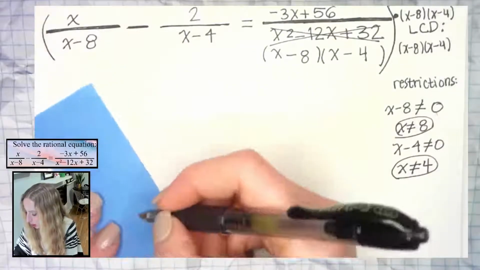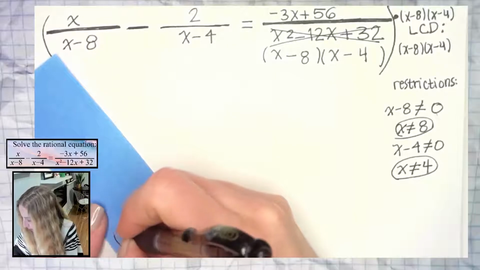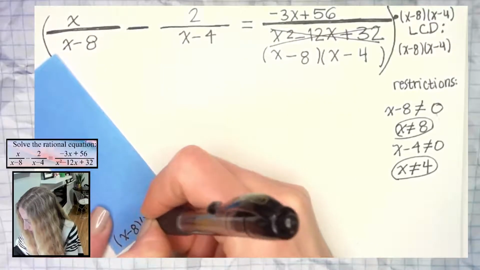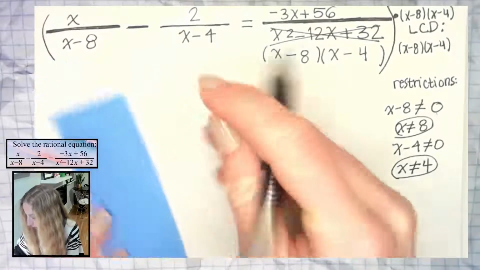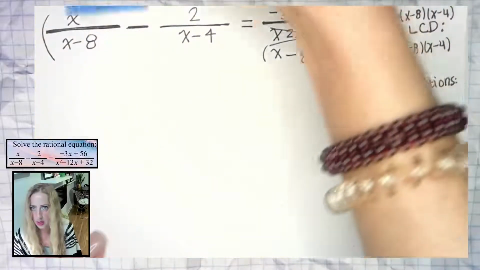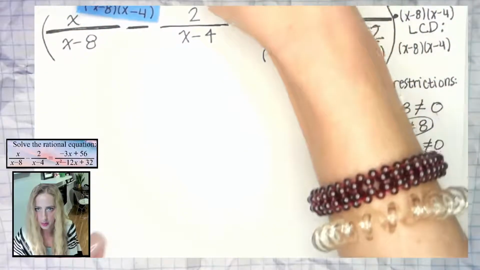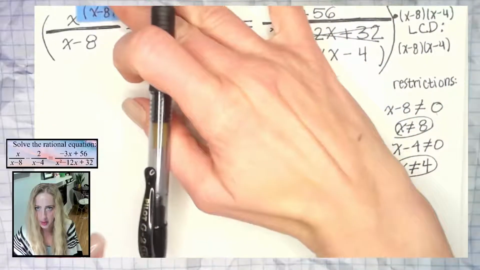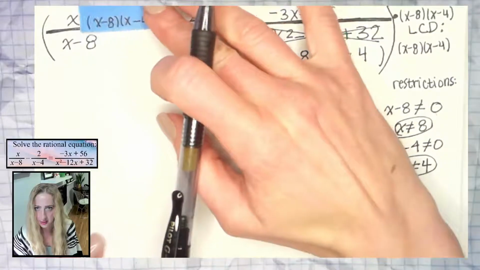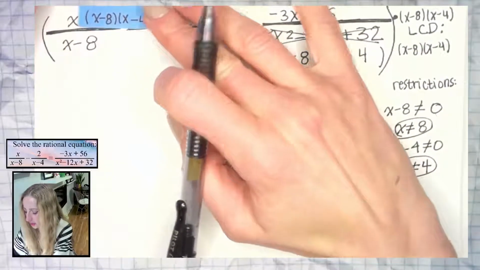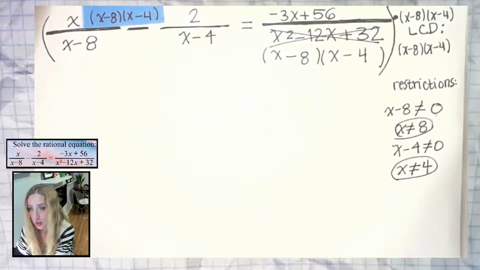So I'm going to take this little paper here. I know it's a little dark, but I think it'll show up okay on camera. So this right here, that's your least common denominator. If we multiply it into that numerator, which factors will reduce or simplify?